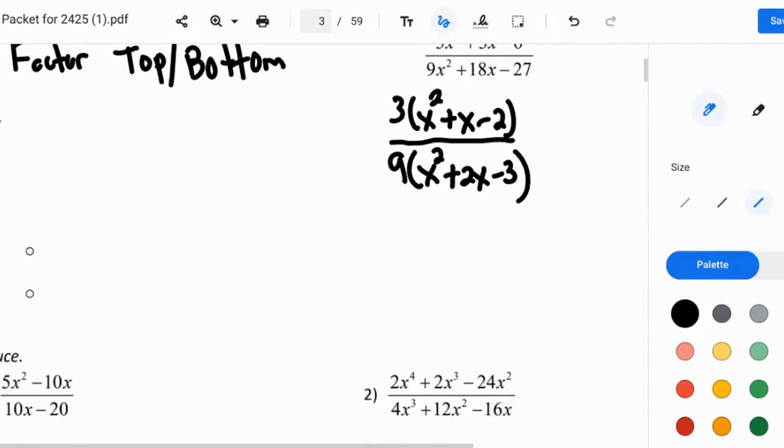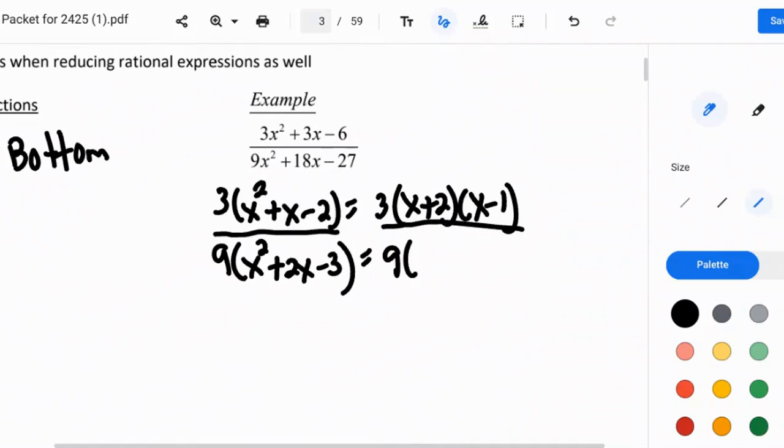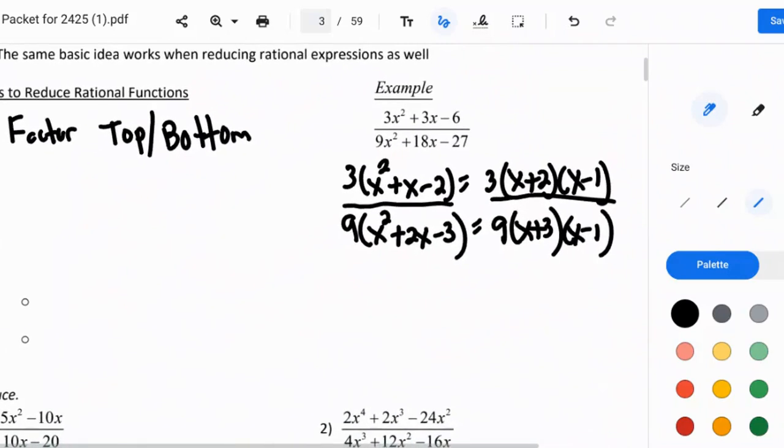I think that this would equal this trinomial: multiples of negative 2 that had to give me 1. That would be a positive 2 and a negative 1. On the bottom, we have multiples of negative 3 that had to give me 2. That would be plus 3 and a minus 1. So everything's factored as much as possible. So that's step 1.